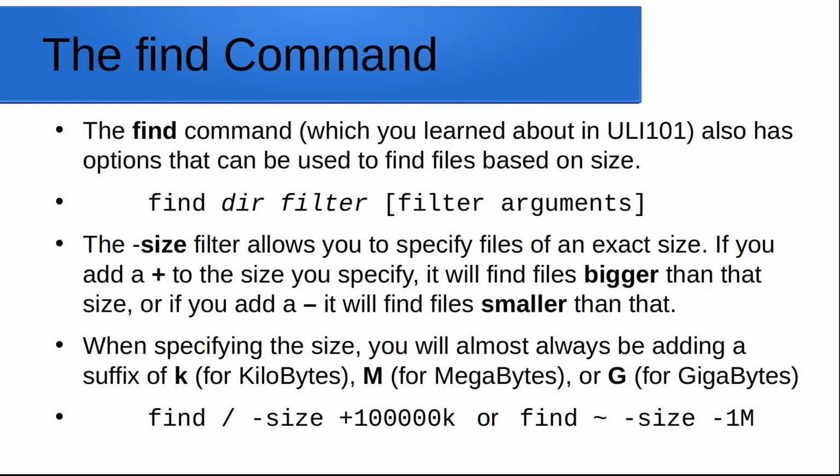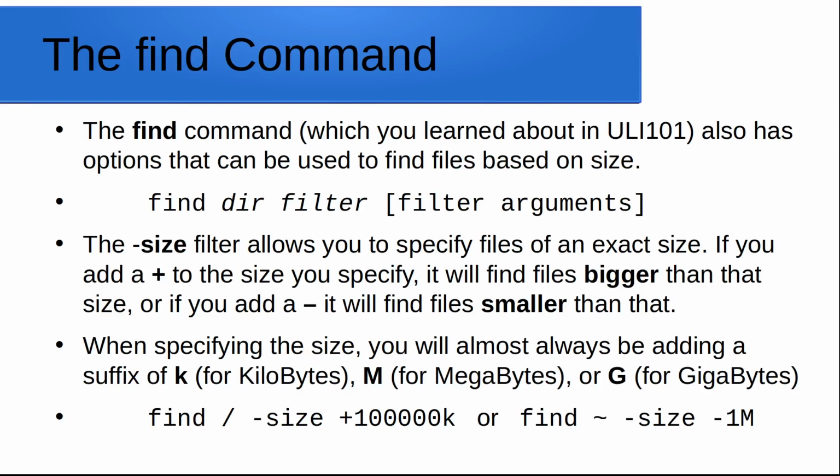The find command, which you learned last semester, you played around with it a little bit anyway. It's a handy thing because it lets you find files in the file system based on different things, like size, for example. So you could use find -size to specify sizes bigger than a certain size, smaller than a certain size, or within a range, which is super, super handy.